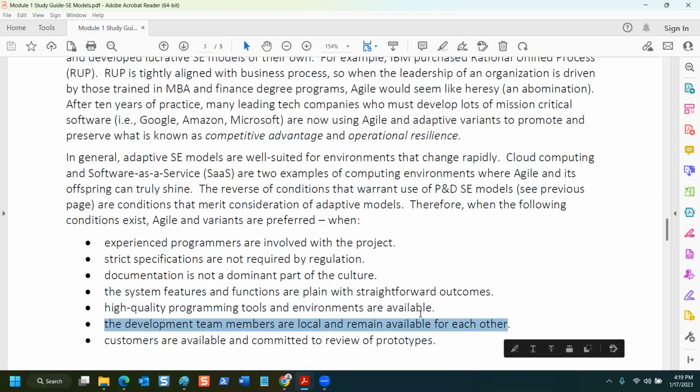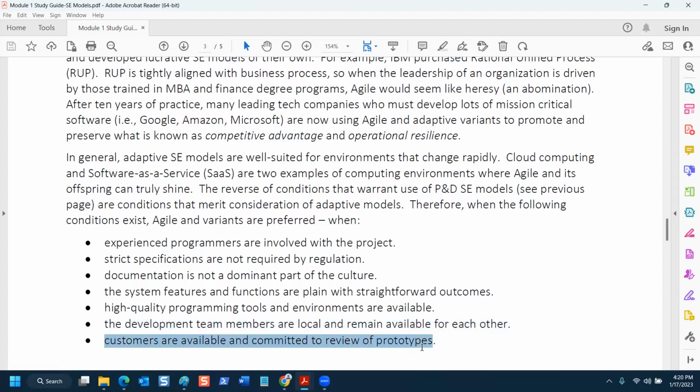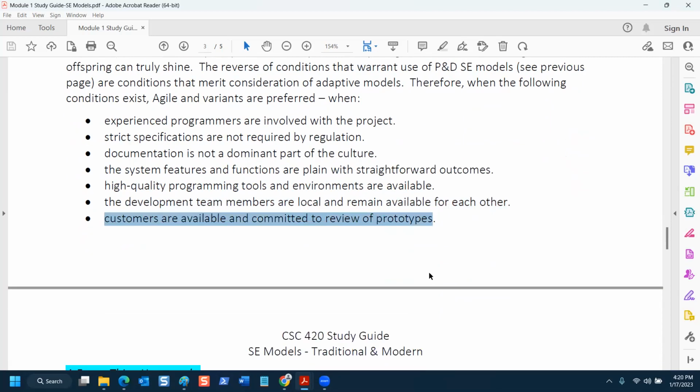You must remain available for each other if you choose to use one of these adaptive models to develop your integrated solution. You're going to choose one of these models to collaborate as a team. So it's important you learn about them because you're going to be stuck with them the rest of the semester. Customers are available and committed to review the prototypes, right? So when your customers can be involved all along the way, you want to use adaptive.